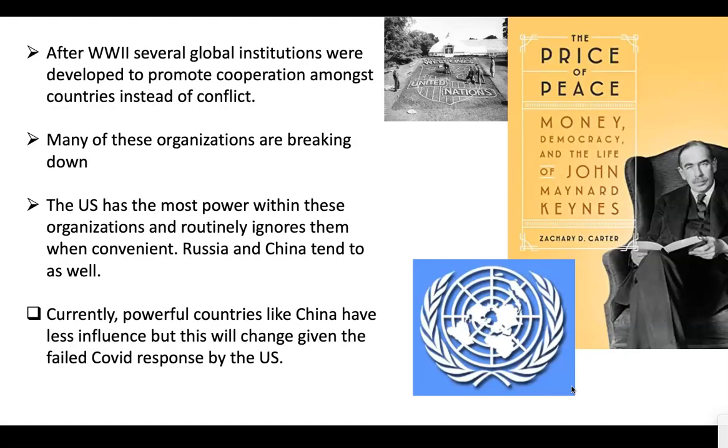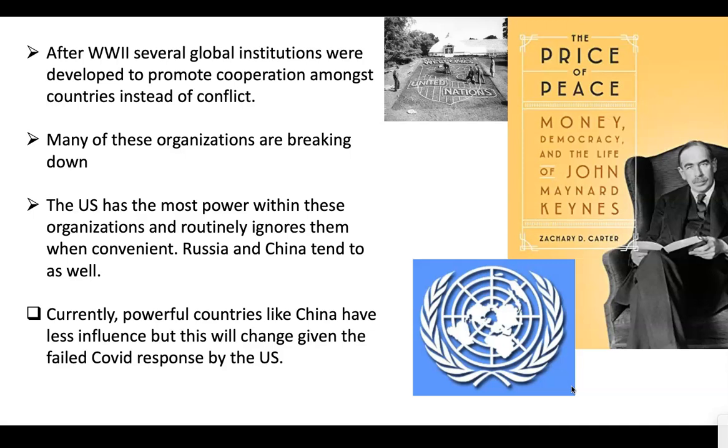So after the Second World War, Europe was in rubble, most of East Asia was destroyed, and so you get the development of these different organizations to try to prevent conflict like that from happening again.